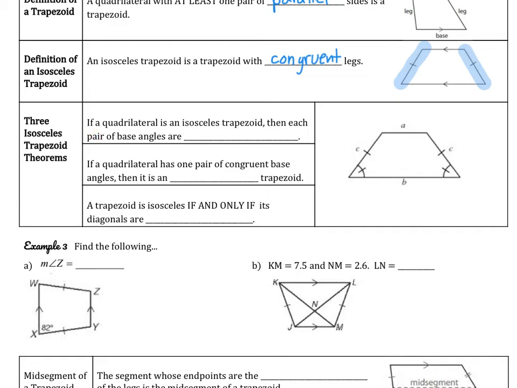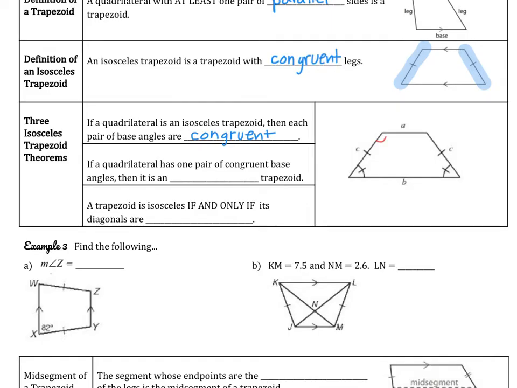So the first one is, if a quadrilateral is an isosceles trapezoid, then each pair of the base angles are congruent. So here we can see that these two angles would be congruent.